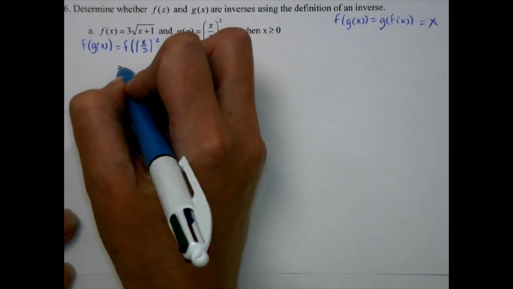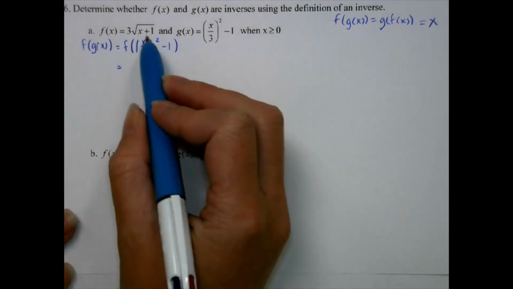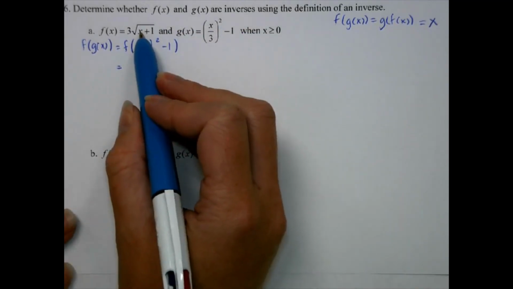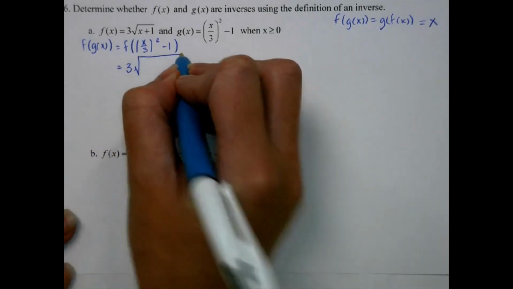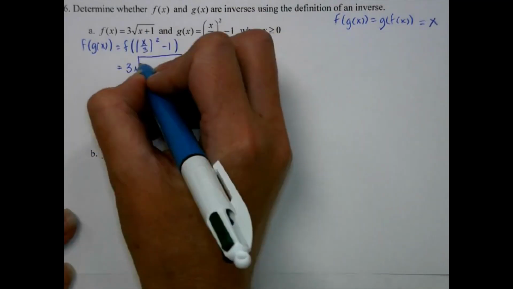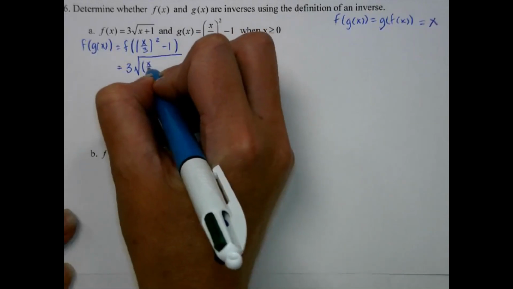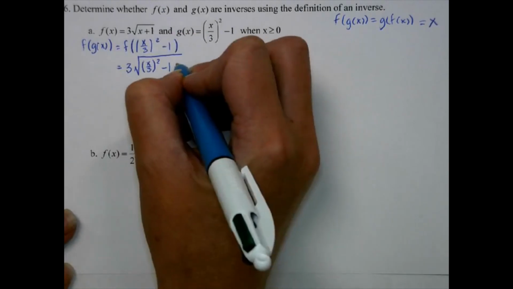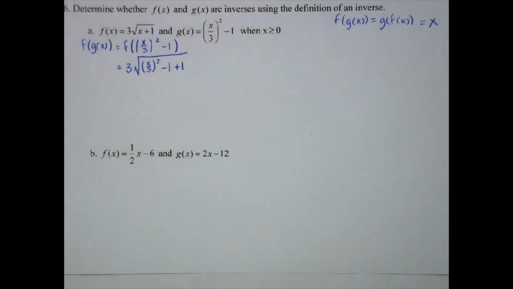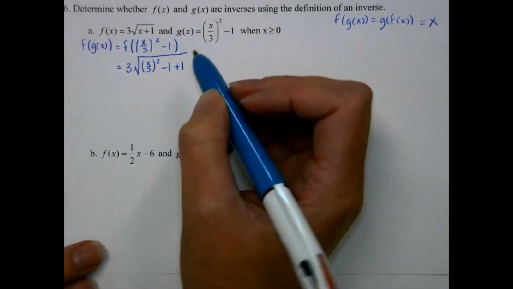Then we're going to take that whole thing and plug it in for this x. So we're going to have 3 times the square root of this x, which is now x over 3 squared minus 1. Then we have that plus 1. Okay, well, plus 1 minus 1, those go away.